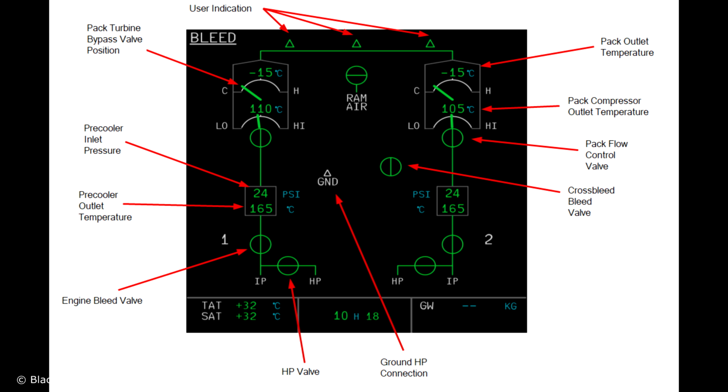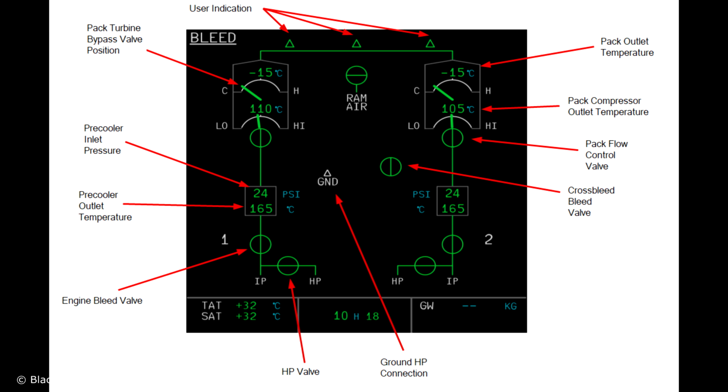So in this case, the outlet temperature of the left bleed pre-cooler would be 165 degrees Celsius and the pressure at 24 psi.